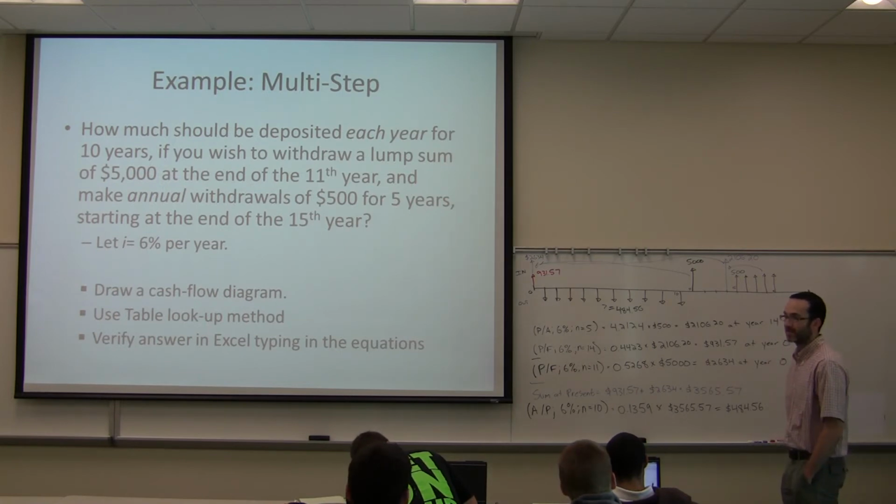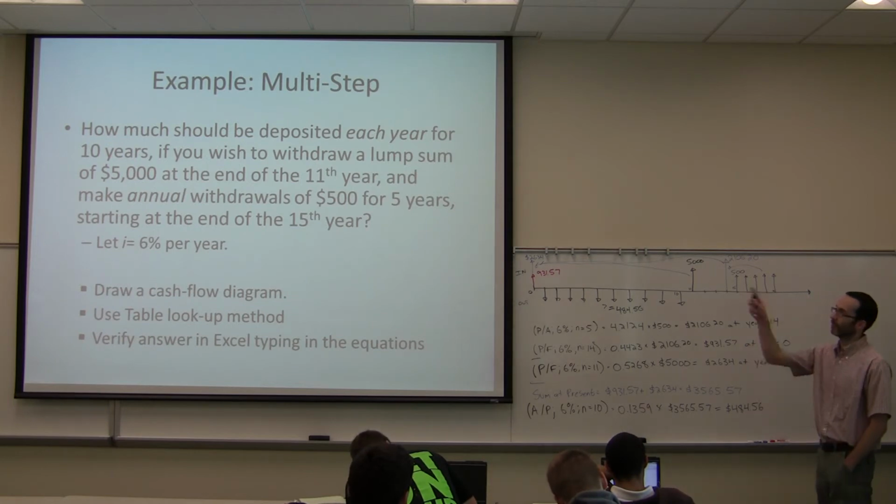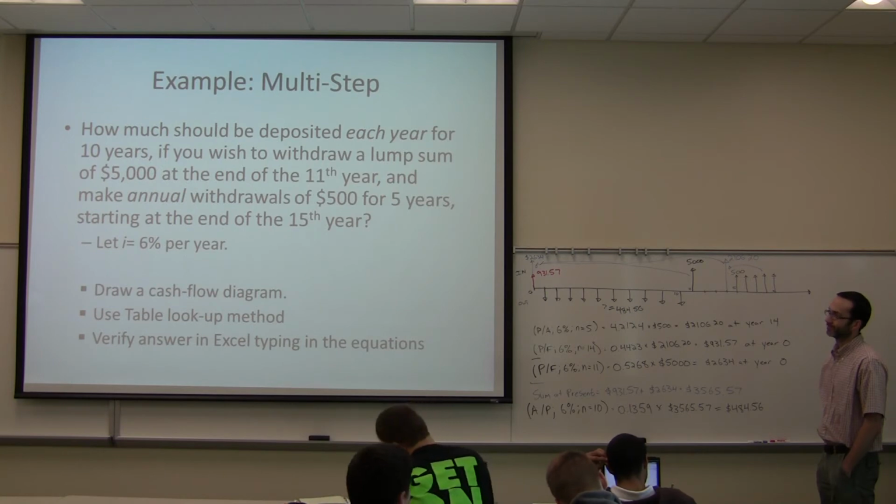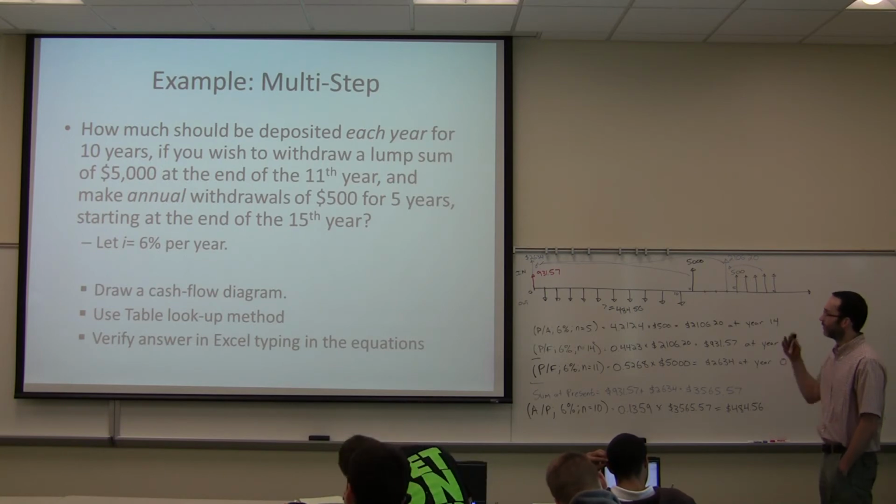The biggest mistake that students make in problems like this is not drawing a cash flow diagram. And the second most common mistake is interpreting the cash flow diagram wrong from the descriptions. So read carefully, force yourself to make a cash flow diagram, and the strategy will come naturally.